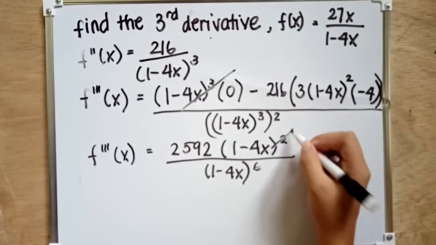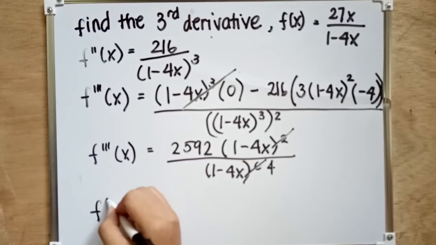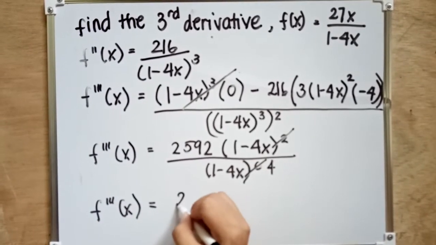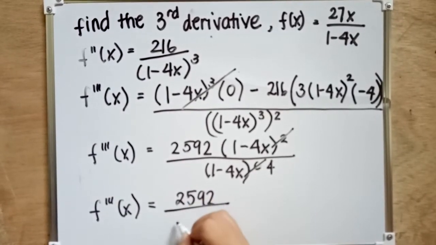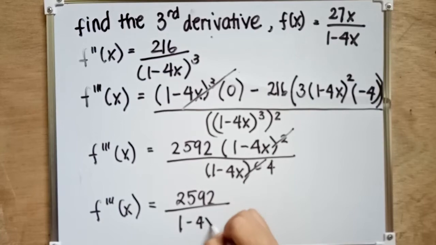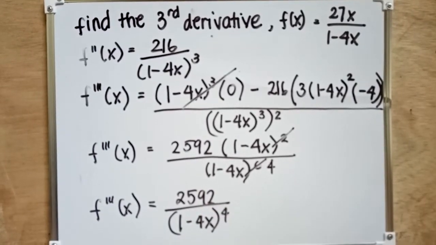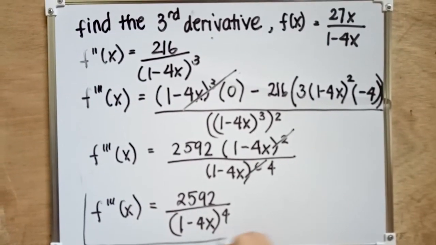We can cancel this. F triple prime of x is equal to 2,592 over 1 minus 4x quantity raised to 4. This is our final answer.